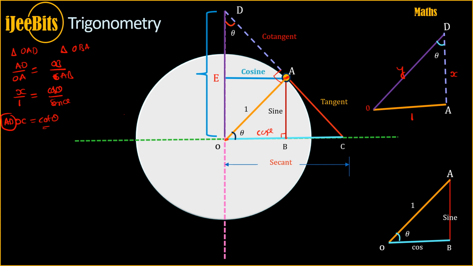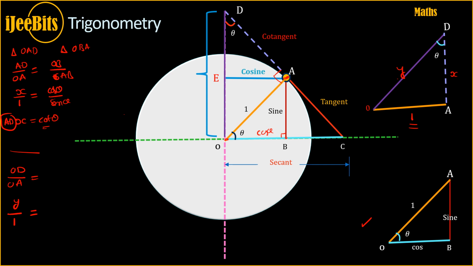Again, same, that means y is what you are going to find out. So let's write one more relationship. OD by OA, right? OD means y divided by OA means 1 equal to, from this triangle you can try to plug in similar sides.